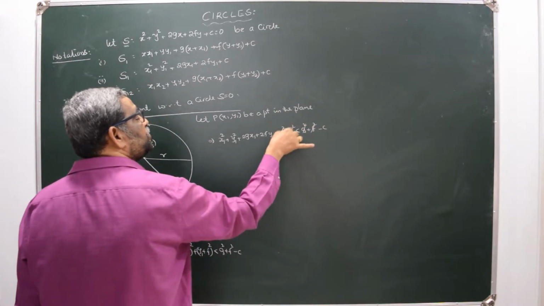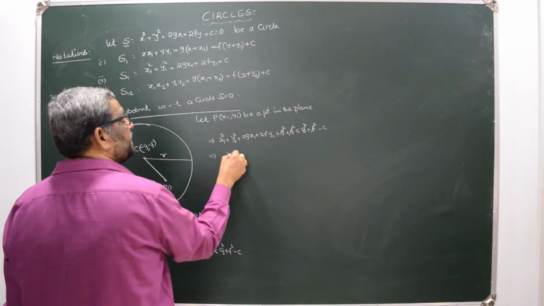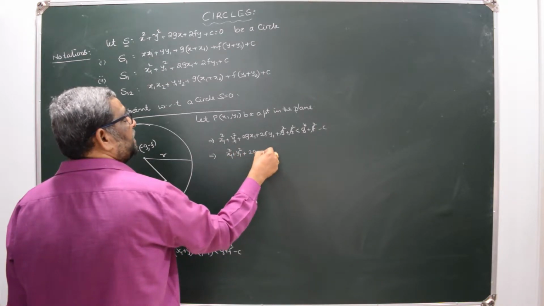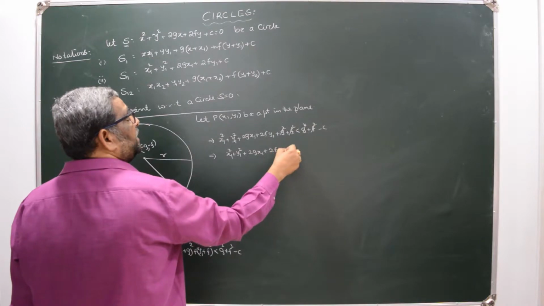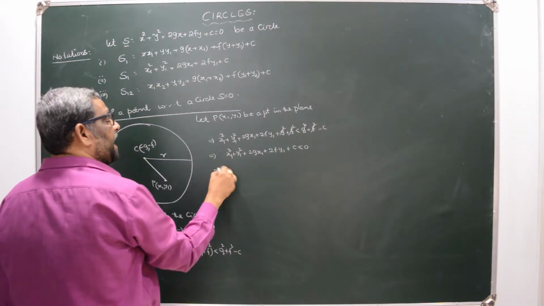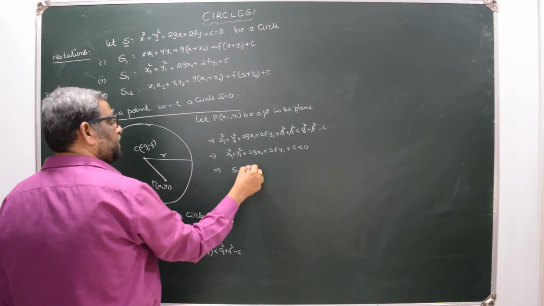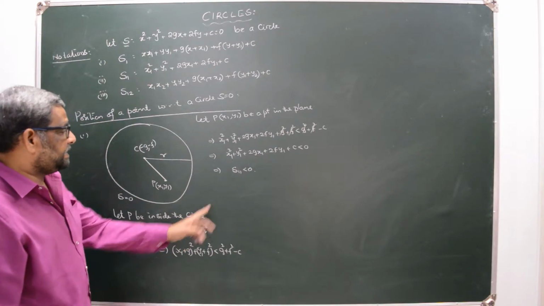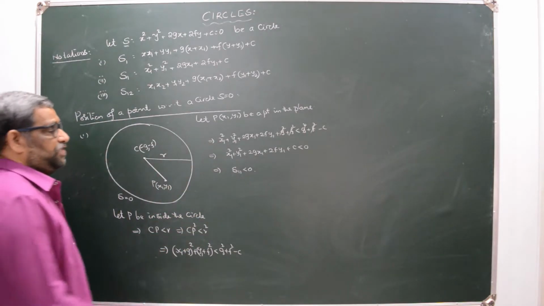I will cancel these two so that I will get x1 square plus y1 square plus 2g x1 plus 2f y1 plus c less than 0. From the notations I can call it S11 less than 0. Therefore, if the point is inside the circle, S11 is less than 0.